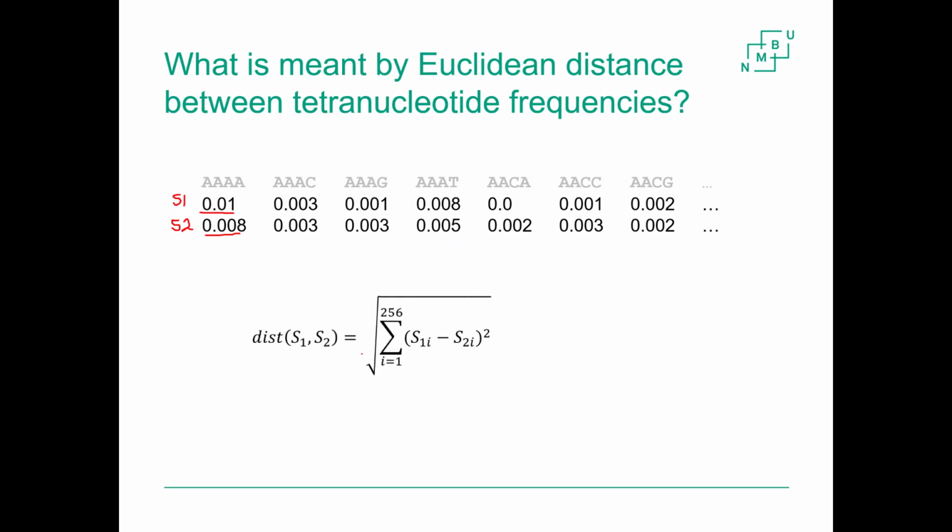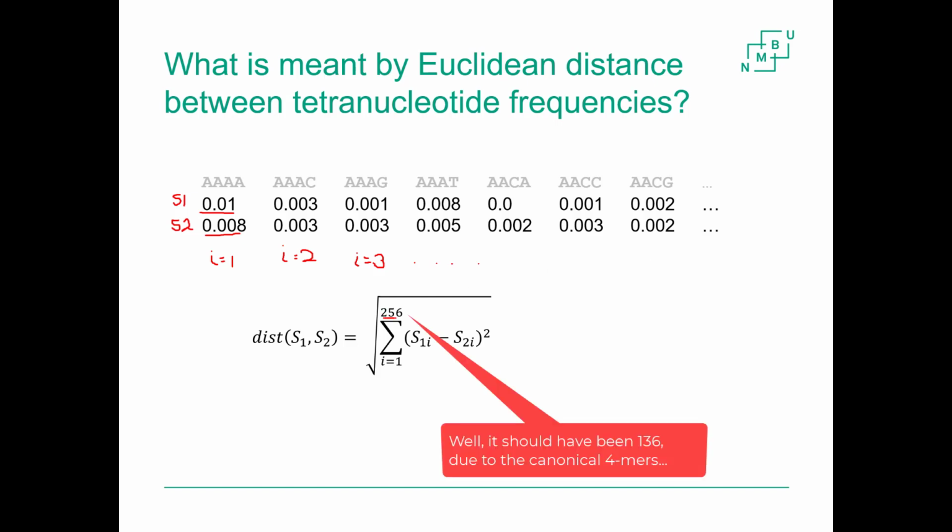Well, it's defined like this, the Euclidean distance. You let I be which of the columns you look at. So here we have I equals 1, here I equals 2, I equals 3, and so on. So this is sort of a for loop, right? And there are 256 tetramers, so I goes from 1 to 256.